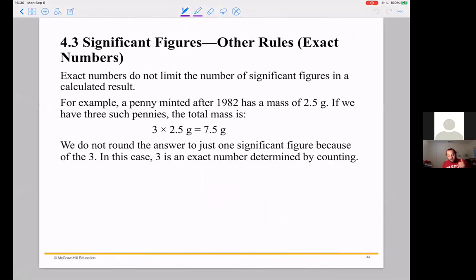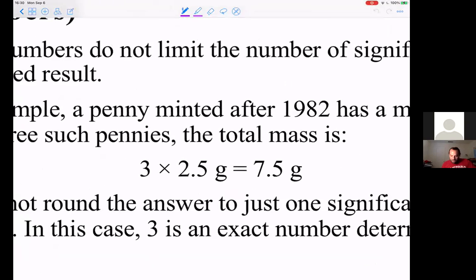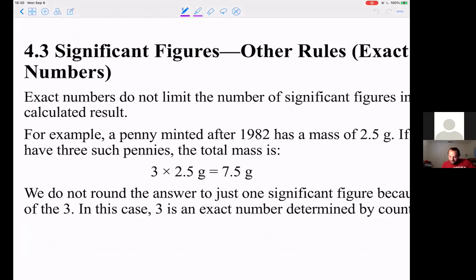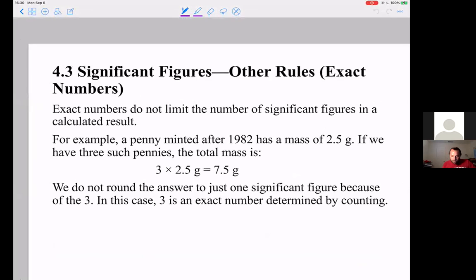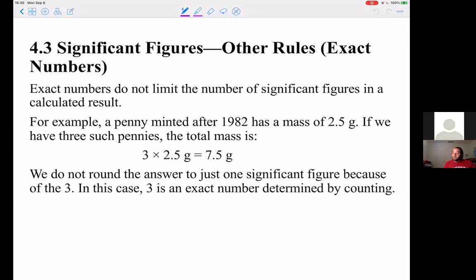Okay. Now, what about exact numbers? Exact numbers don't have rules of sig figs that apply with them. You can think about them as having an infinite number of sig figs because they're perfect. So basically, let's say that I have 3 pennies, each with a mass of 2.5 grams. What's the mass of all 3 of them total?